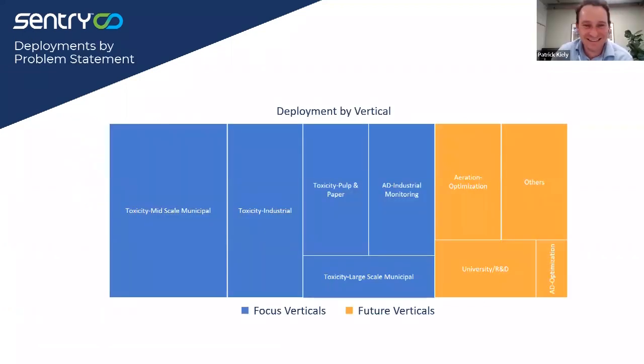Here, this chart is showing SENTRY deployments by problem statement. The blue verticals are the current focus verticals, and the orange ones are the future verticals. Most of our problem statements are toxicity monitoring in mid-scale municipal plants, followed by monitoring toxicity in industrial plants, pulp and paper, AD industrial monitoring, and toxicity in larger scale municipal plants.